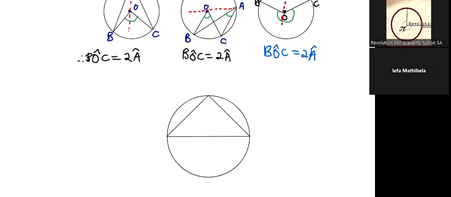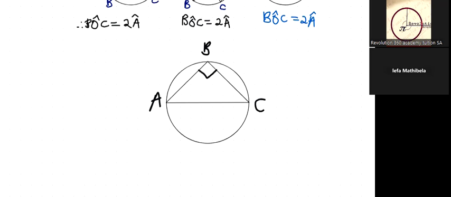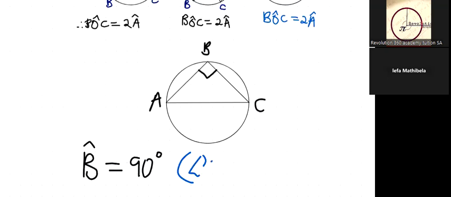It means to say if this is A, B, C, here we're going to have 90 degrees, and this basically means angle B is equal to 90 degrees. What's going to be the reason? Angle in a semicircle.